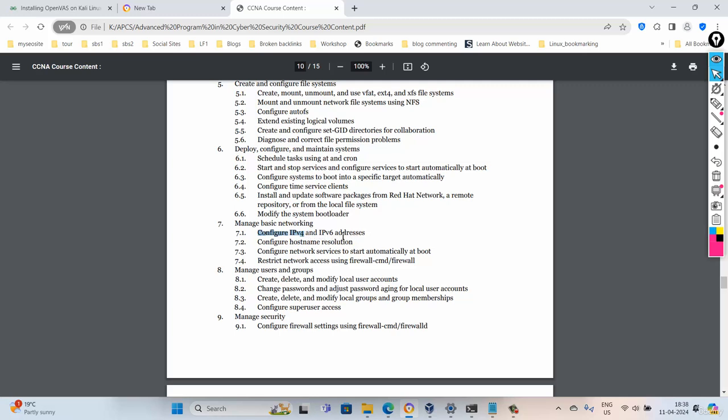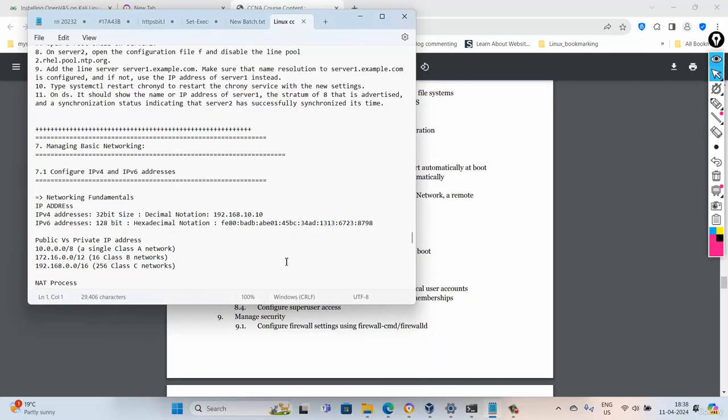Before covering IPv4 and IPv6, we need to think and discuss the IP address.